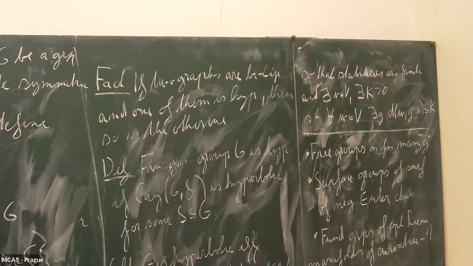We say that an action of a group on a hyperbolic space induces an action on the boundary. So from this action of G on itself, or on the Cayley graph, we get an action by homeomorphisms on the boundary. This is the object that we want to study, this action on the boundary.